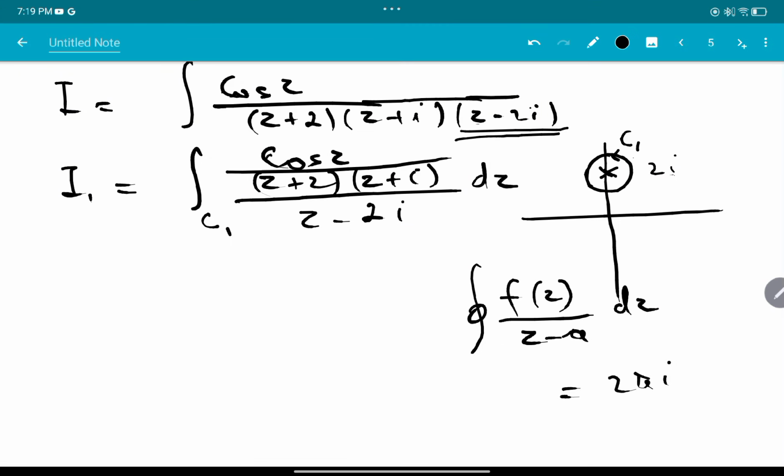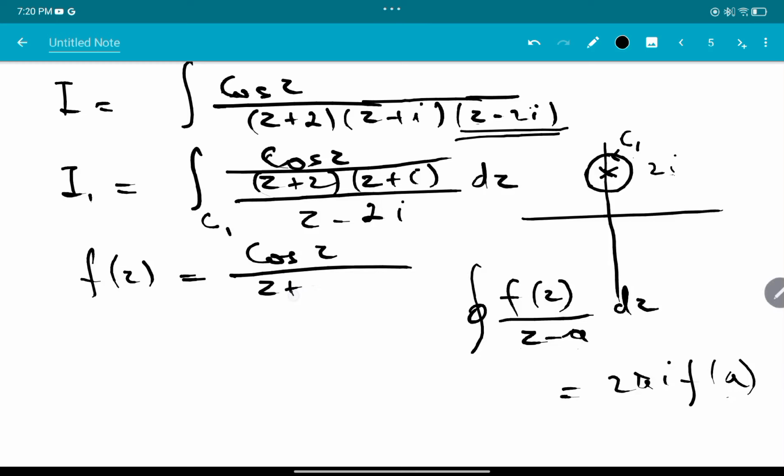So what is f(a) here? Leave this singularity factor separate, and the rest of the function f(z) is cos z divided by (z plus 2) into (z plus i), because although these two are singularity factors, they are not for this path.